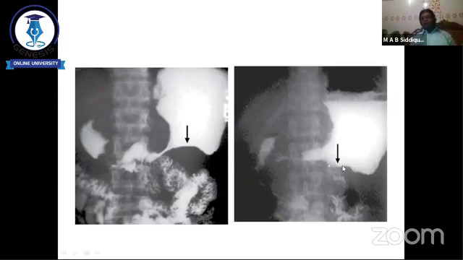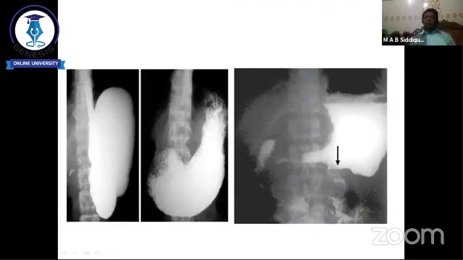But if we see this X-ray, this margin is actually irregular. This margin is not regular like the other X-ray. This is the irregularity. So what do we conclude, what is this and what is this?